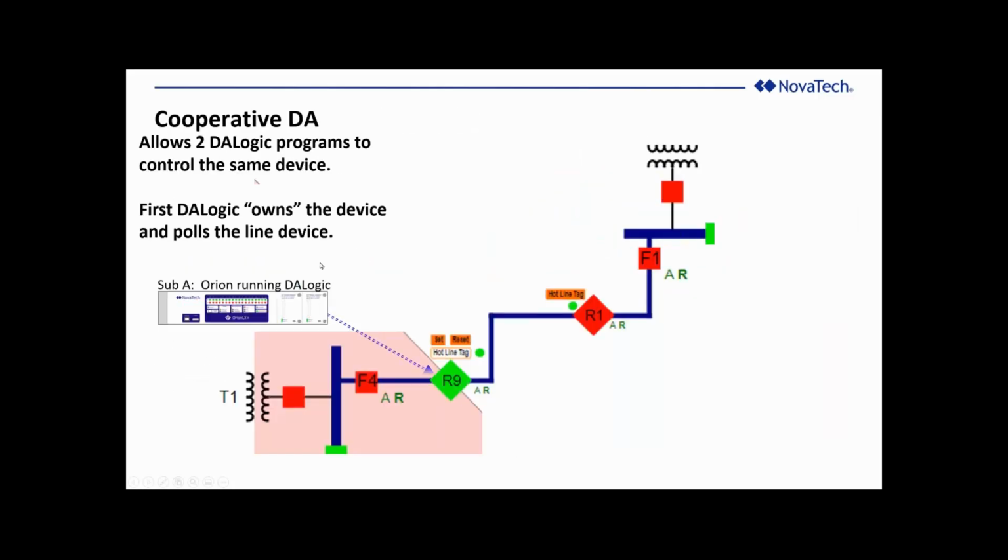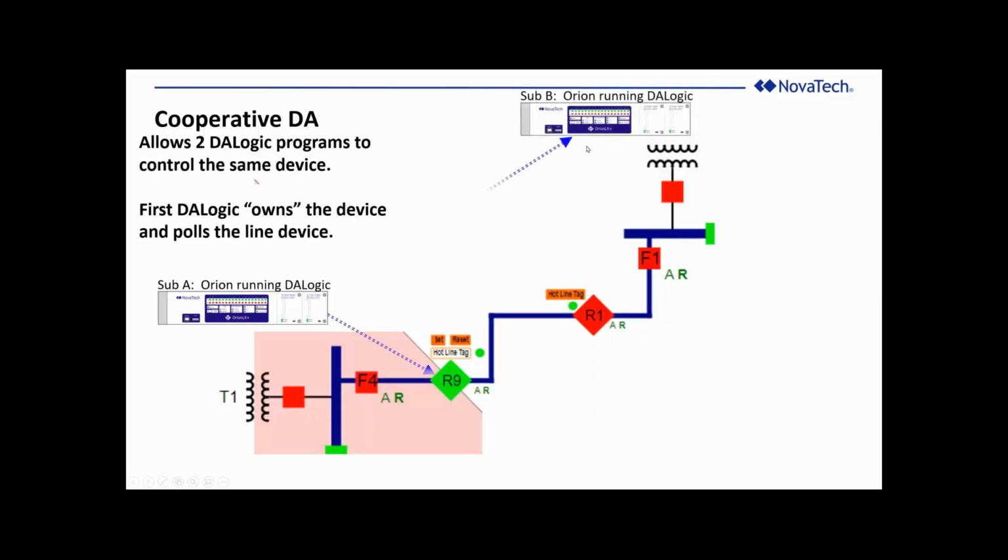So in the cooperative DA, this pink DA system was put in first, and there was some DA associated with recloser R9. So substation 1 running DA logic was operating recloser R9.